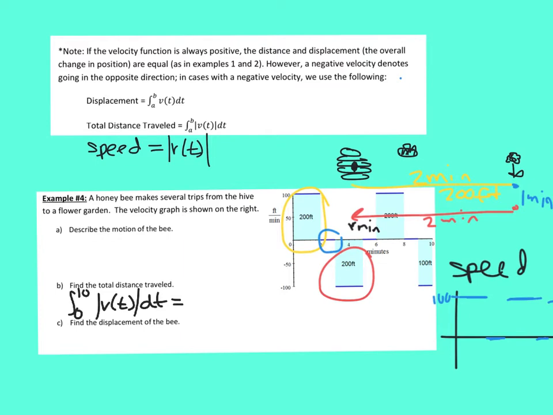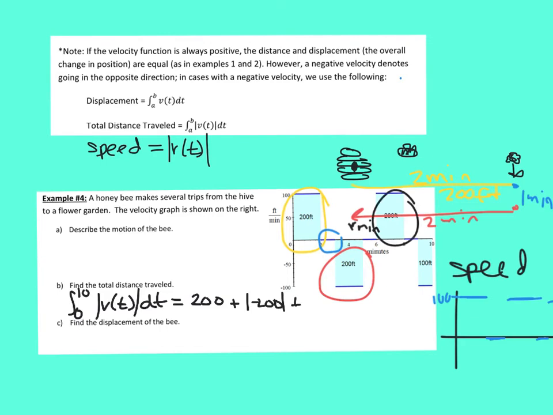So the first area, the one I have in yellow, that's just going to be 200. The second area, the one that's in red, that would generally be negative 200, but since we're looking for the absolute value of it, we would make it 200. So that one's actually going to become positive 200.